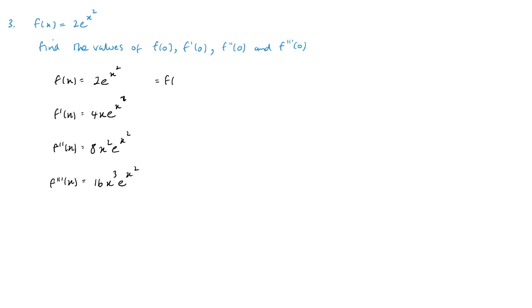Now, when I substitute 0 in for x, I get 2e to the power 0, so this is going to be 2. This is going to become 0 because of the x outside.